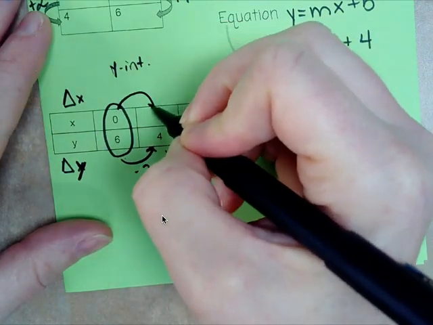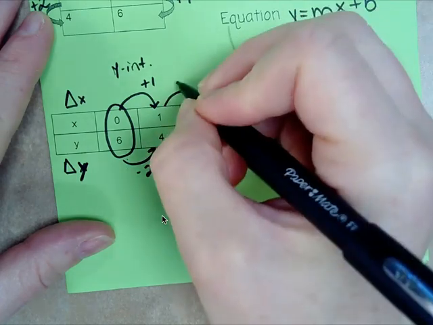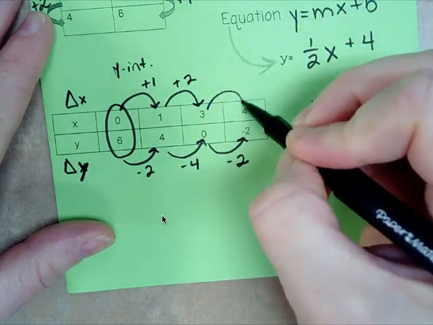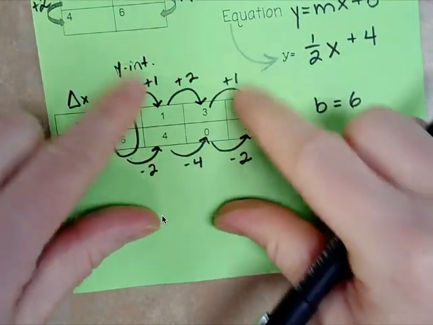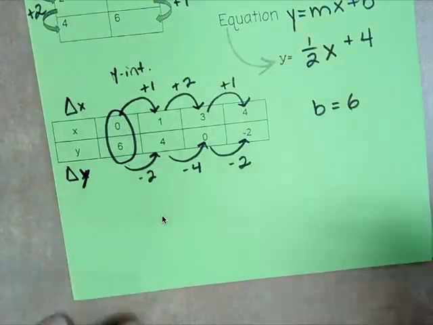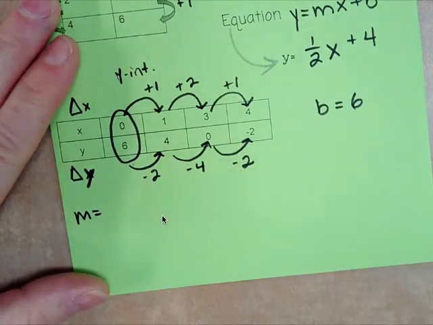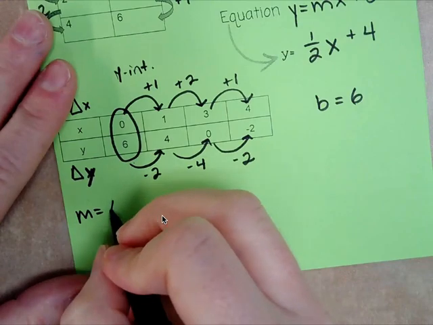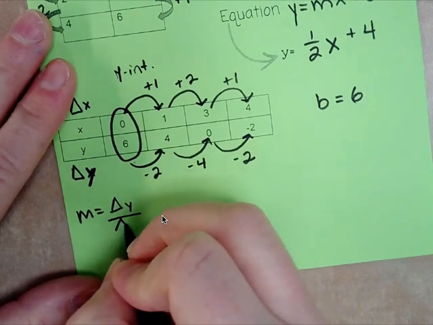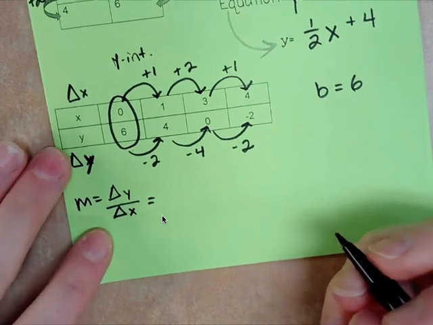0 to 1. 1 to 3. Plus 2. 3 to 4. See how it kind of goes in the same thing? These are the same, but the middle one is different. But the thing about slope is they'll all equal the same once we simplify it. So remember, change of y over change in x. What's the change of y?